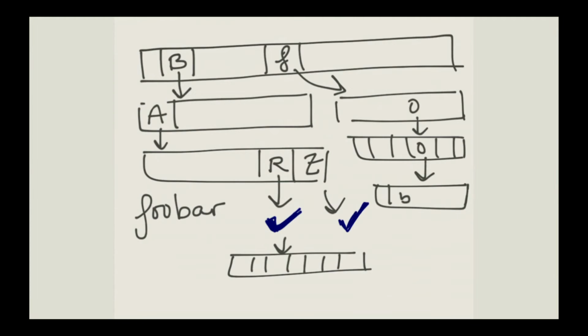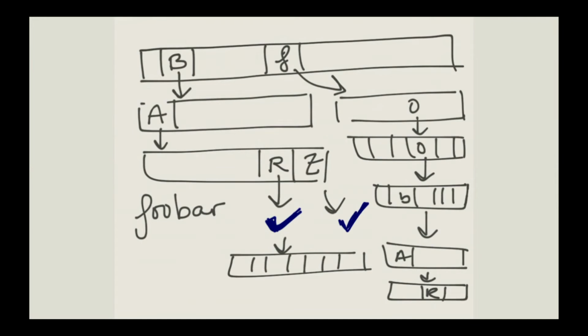We would have B, and then continue. We'd have A, and then R. So foobar traverses these all the way down until foobar is a correct word. And so then this would be a valid word.